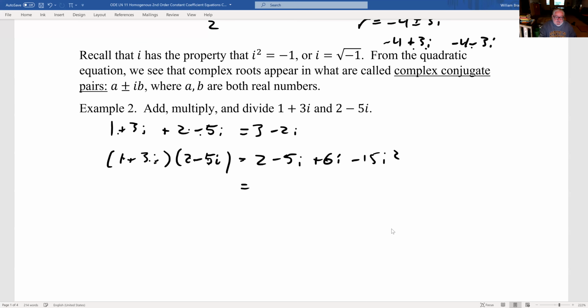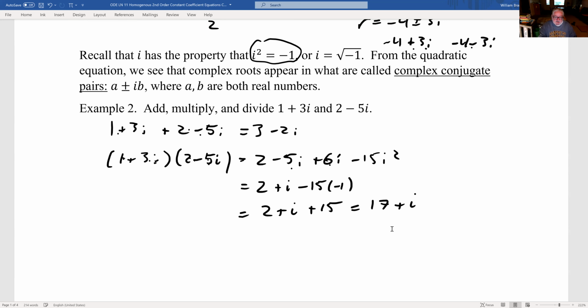To tidy this up a little bit, we have 2 minus 5i plus 6i is plus i, and remember that i squared is minus 1, so this becomes minus 15 times minus 1. 2 plus i plus 15, which equals 17 plus i.